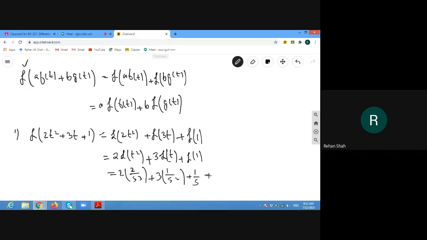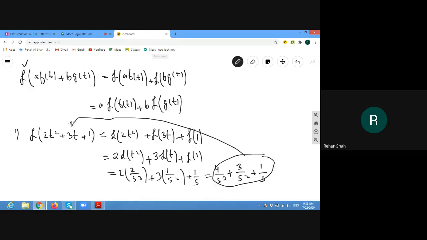So this is 4 by s cube plus 3 by s square plus 1 over s. This function is actually the Laplace transform of 2t square plus 3t plus 1. Is it clear? Yes, sir. Okay.